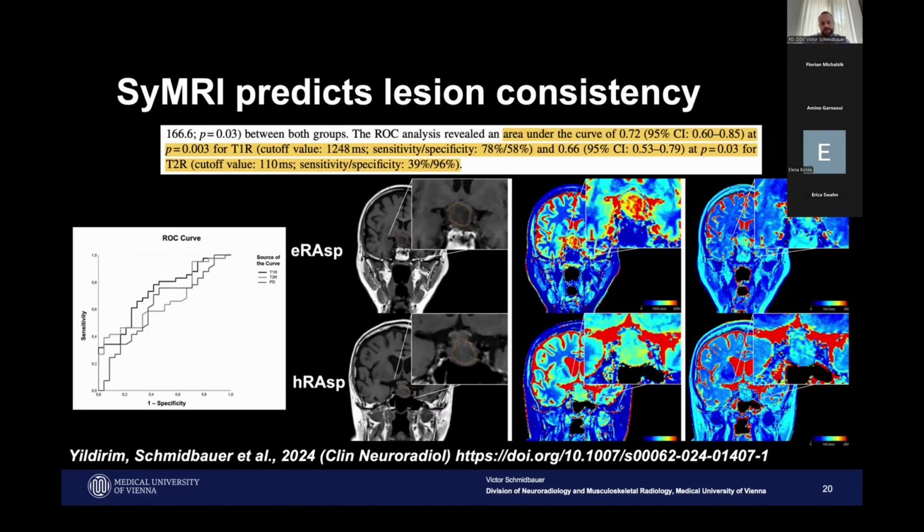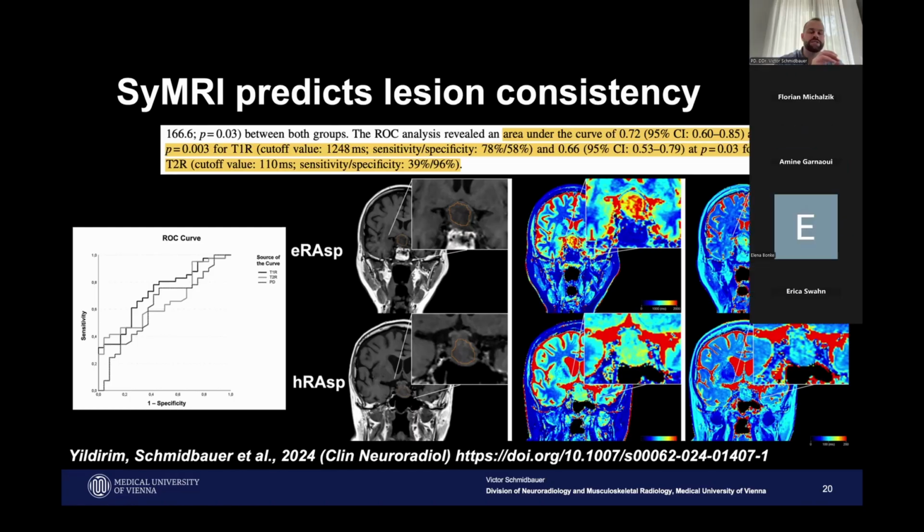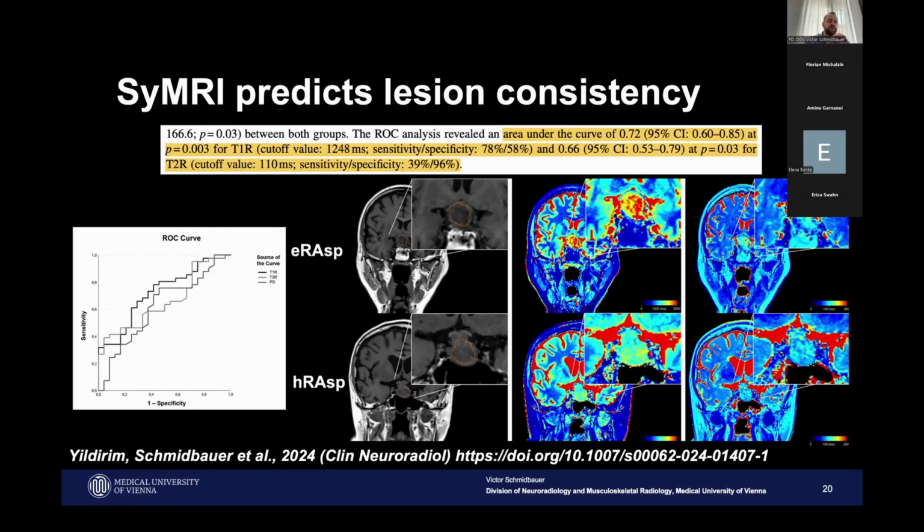When we use this sequence and we take measurements in the lesions, so the T1 relaxation times, T2 relaxation times, proton density metrics, it may help us to predict and to tell the neurosurgeon how the consistency of these lesions will be organized. And this is, of course, helpful. In pituitary adenomas, it's not uncommon that these lesions are of high water content and are easily removed.